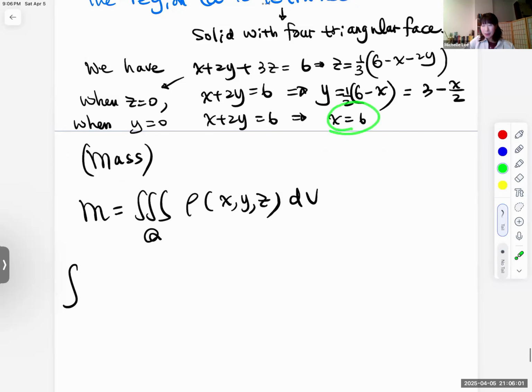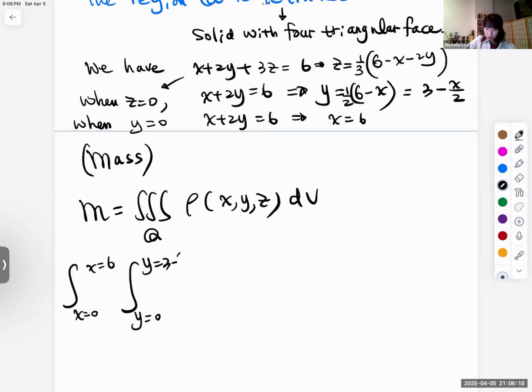Look, x has a number, so this will be the last: x equal to 0 to 6. Y is simpler, so y is second, and z is more complicated, so we use that first.